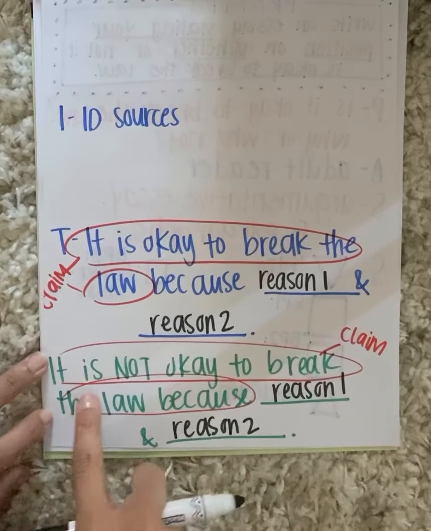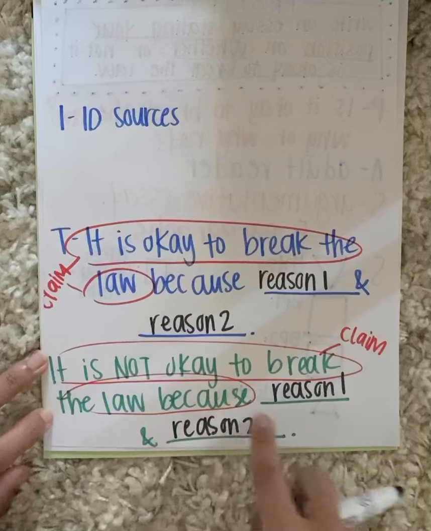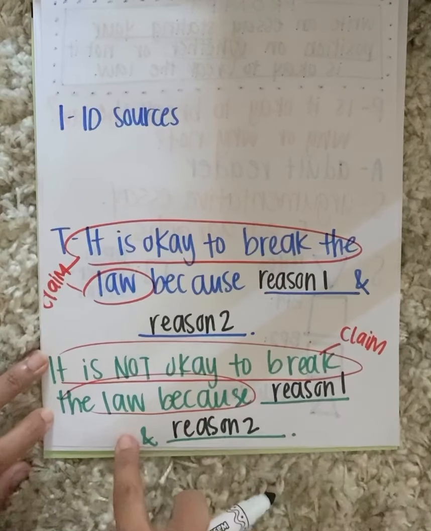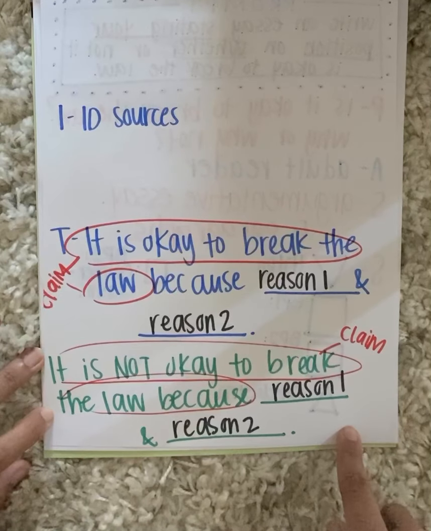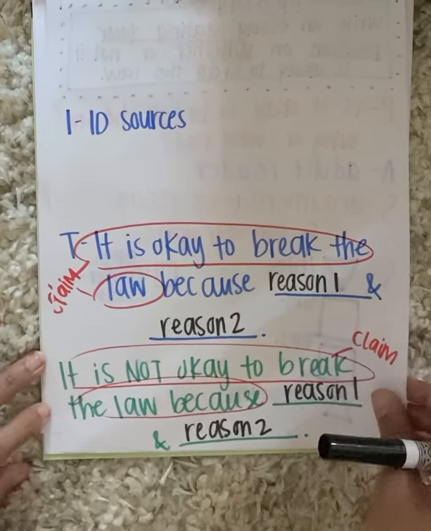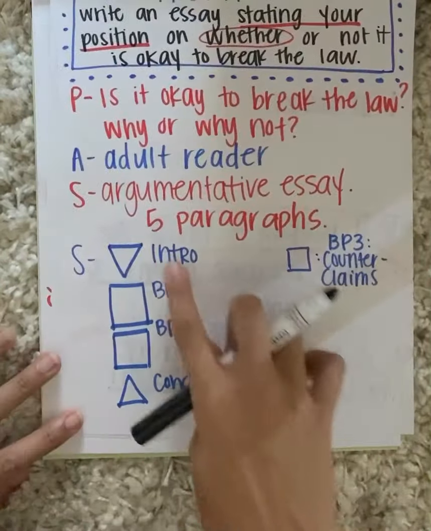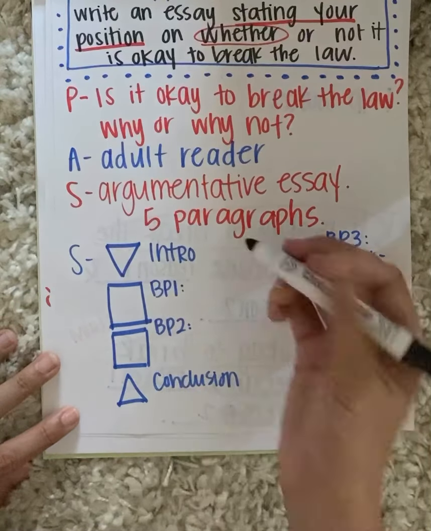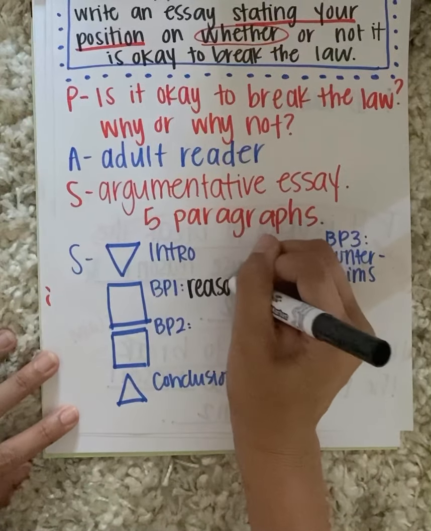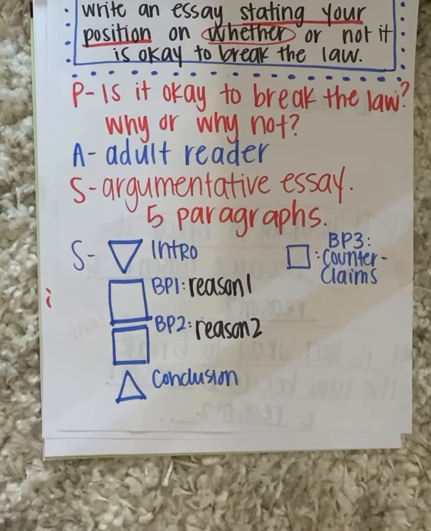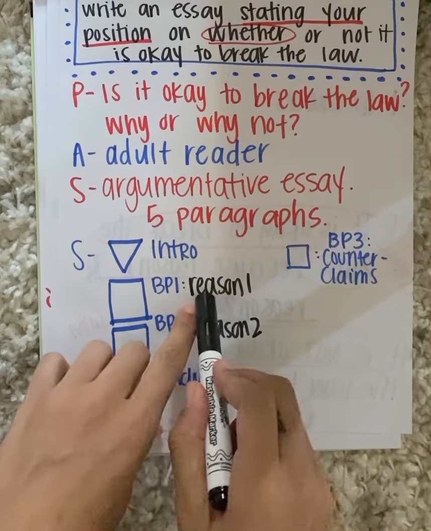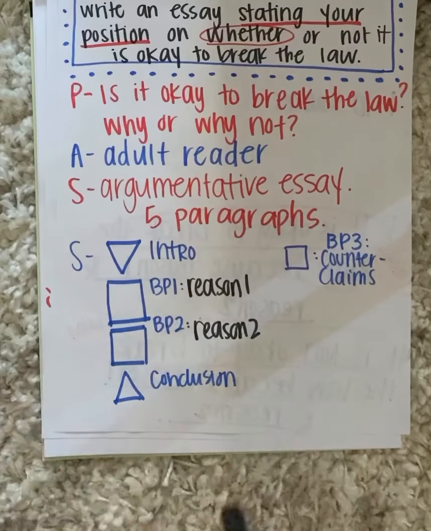You might have said, it is not okay to break the law because rules are there for a reason, and in order for society to function, we need order. Whatever those reasons are, you can go back to your structure section and fill in reason 1 and reason 2. Now, obviously, it wouldn't actually say the word reason, but you would plug in your own reason there.